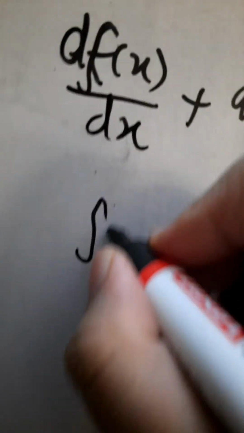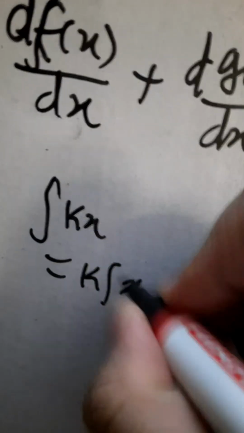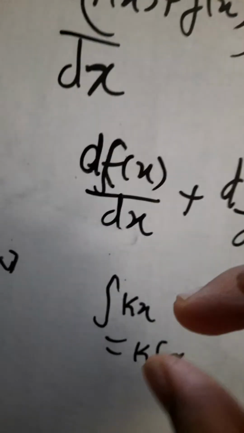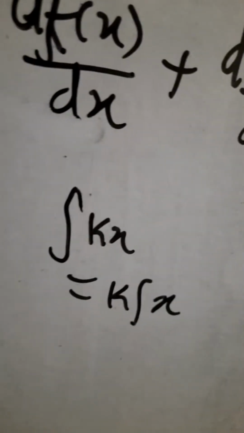We can take this 2 out common. Integration of k into x is equal to k into integration of x. You have to take this constant out, and you can just multiply the same constant after you have integrated x. It would mean the same thing.